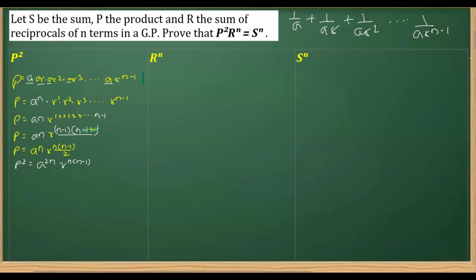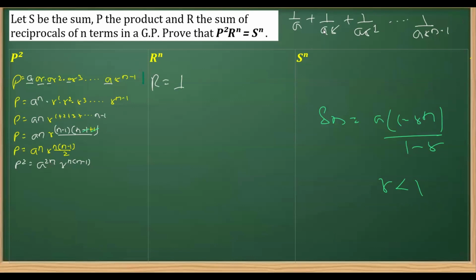For this, I'm going to apply the Sn formula, a into 1 minus r raised to the power n over 1 minus r, because here r is less than 1. Let's see if I apply this formula over here. So what we are getting for R is the sum of their reciprocals, where a is 1 by a here.